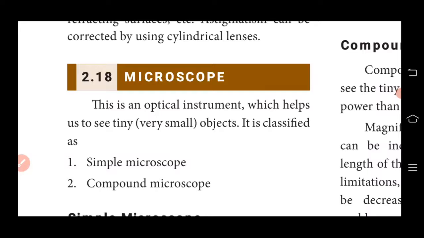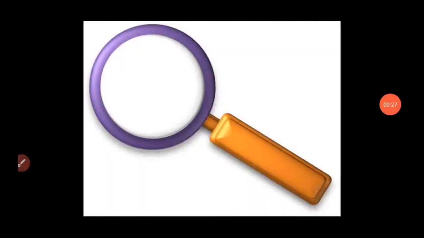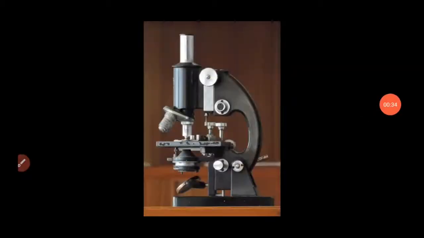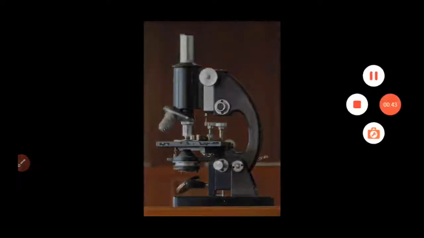We can even see unicellular organisms with the help of a microscope. Microscopes are classified into two types: simple microscope and compound microscope. This is the image of a simple microscope, and this is the compound microscope. First we are going to learn about the simple microscope.